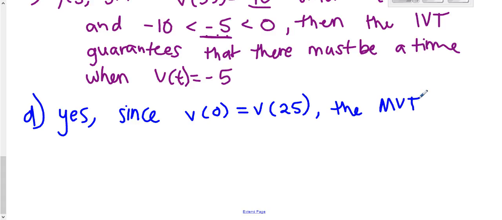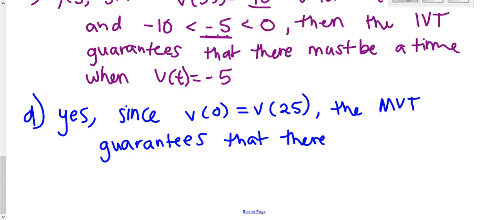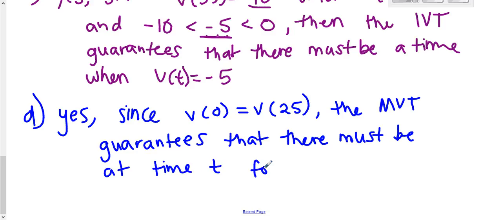The mean value theorem guarantees, spelling that is not easy, that there must be a time t in, so what we're looking at is we know that it's definitely going to be from 0 to 25.